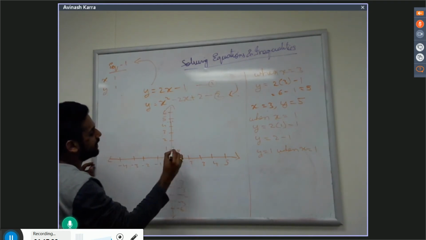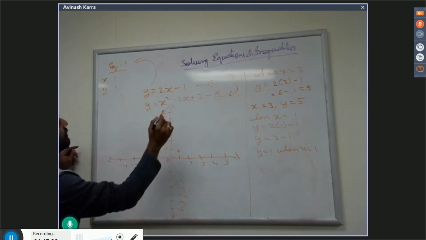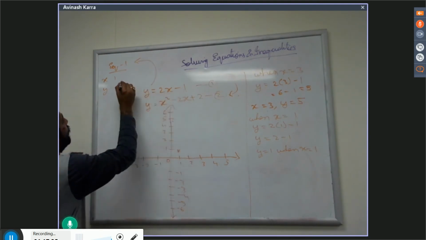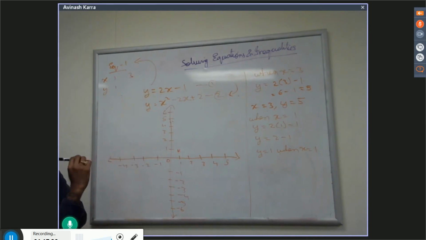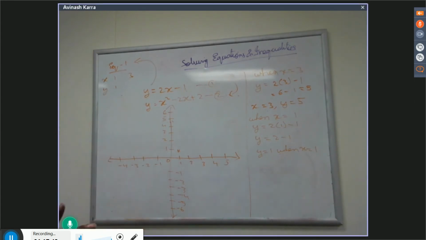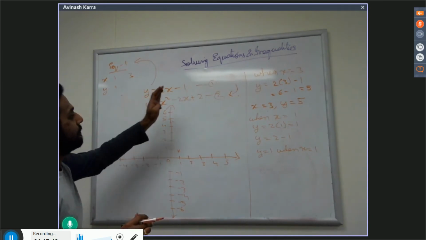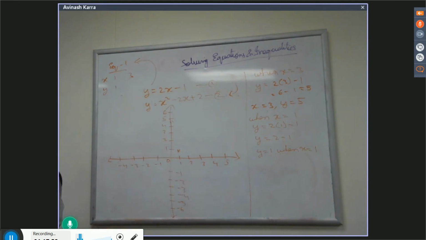So 1 is here. When x equal to 2 or when x equal to 3, what will be the value of y? It would increase by 1. Sorry to interrupt you. I'm just explaining this to make you understand what's going on and what is solving equations.